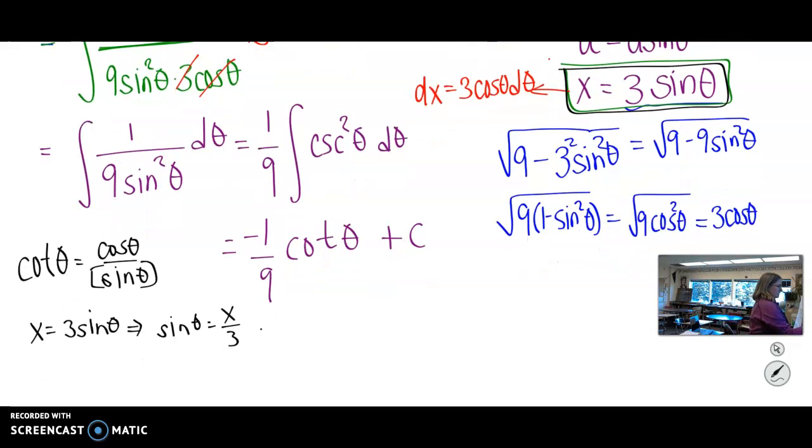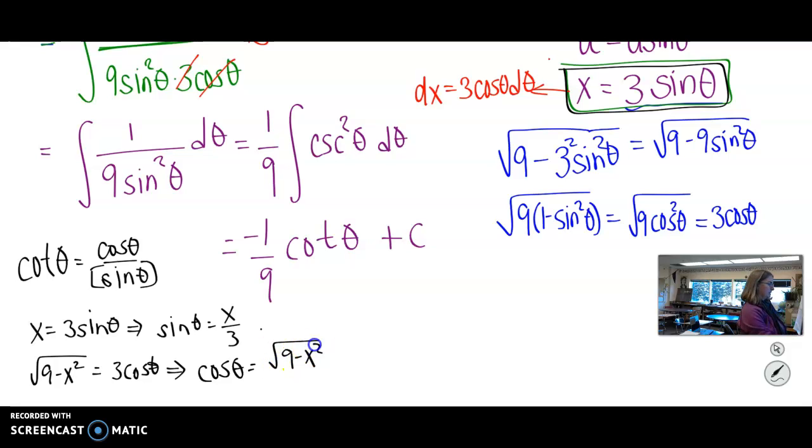So the square root of 9 minus x squared was equal to 3 cosine theta, and solving that for cosine, we end up with cosine of theta equals the square root of 9 minus x squared over 3. So then, if we want to replace cotangent with what it is in terms of x, we're going to have our cosine divided by our sine.